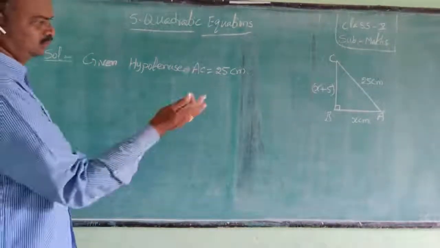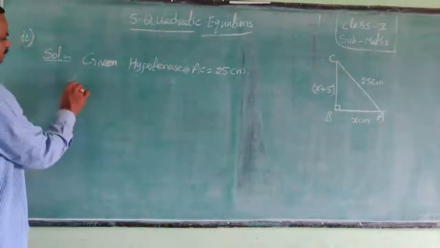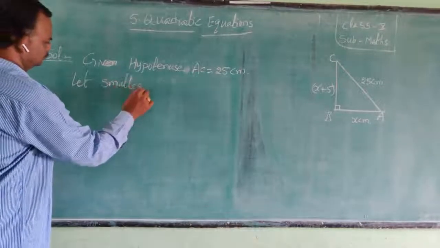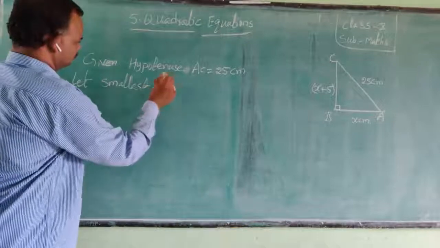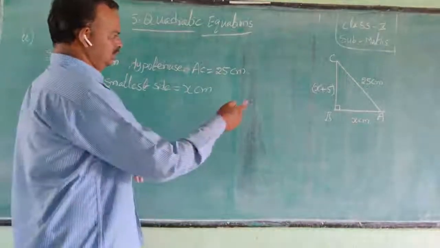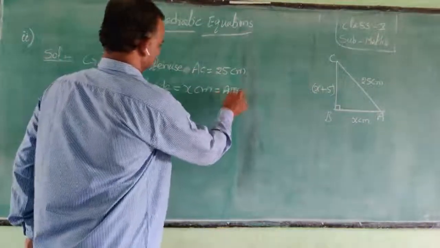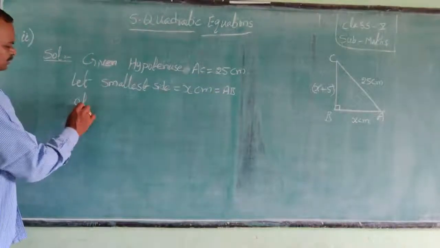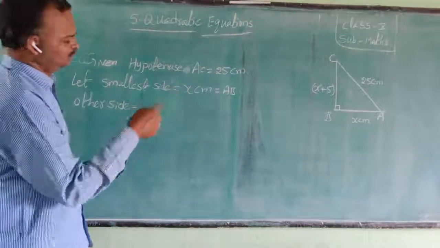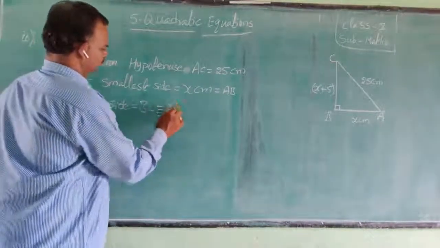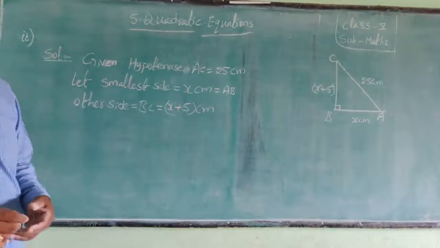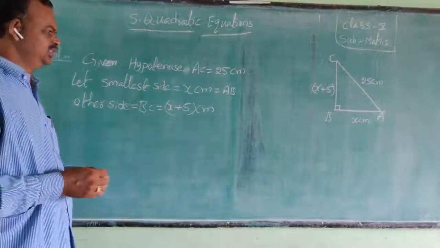Next, for the remaining two sides, let the smallest side be x centimeters, that is equal to AB, and the other side BC is equal to x plus 5 centimeter.